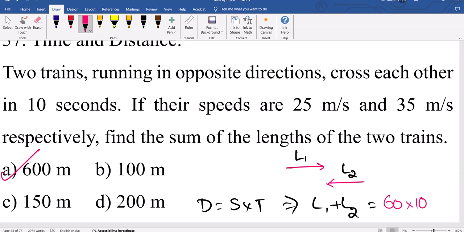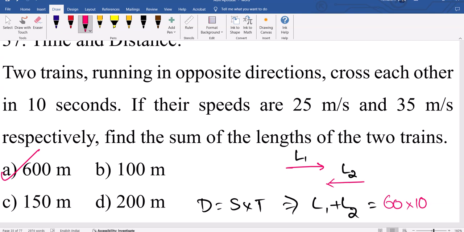Now, guys, listen. There is an excellent question with both trains in the same situation. Two trains are in opposite directions. Tell me what the distance is in this case. Listen to the situation carefully. Two trains are crossing each other in opposite directions. Now my question is, train 2 is crossing a man sitting in train 1.